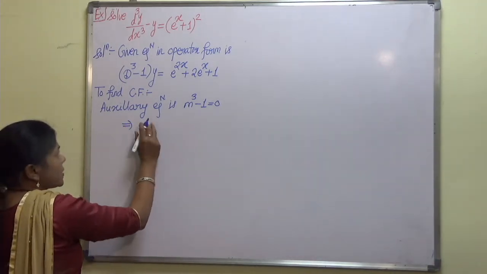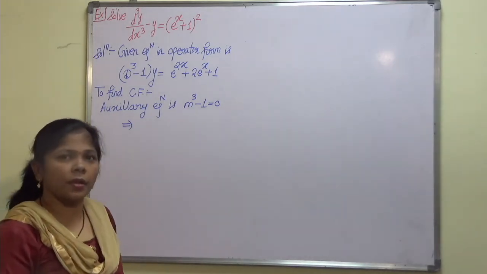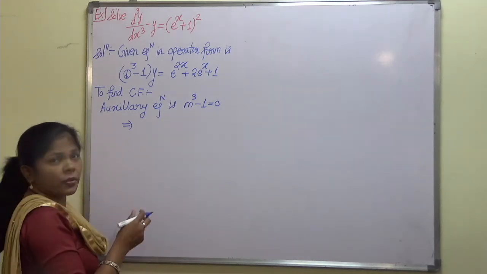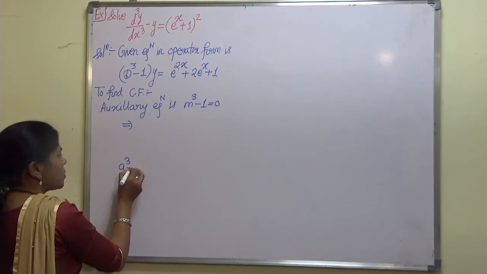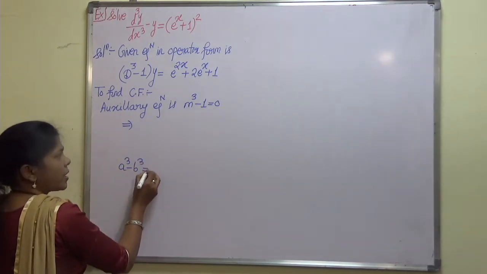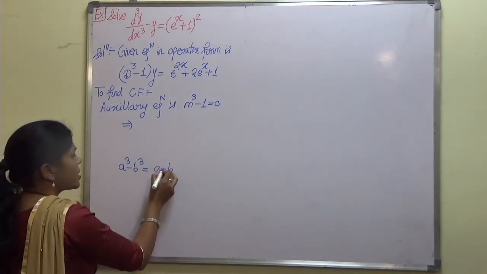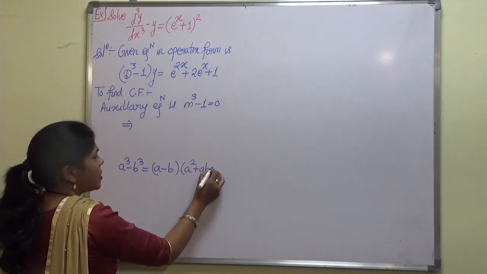So this gives us, now we want 3 roots. How to get these 3 roots? Either we can make use of a trial method, or how can it be done? Directly by factorization. See, it is in the form a³ − b³. I can write 1 as 1³. So a³ − b³ is (a − b)(a² + ab + b²).